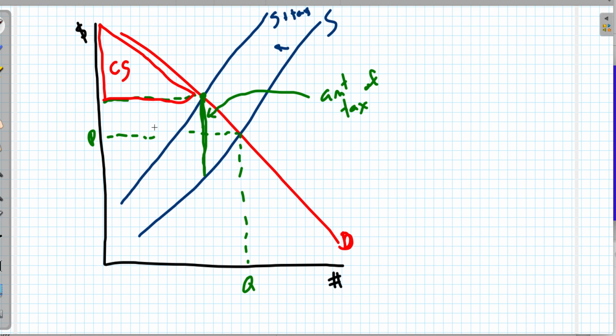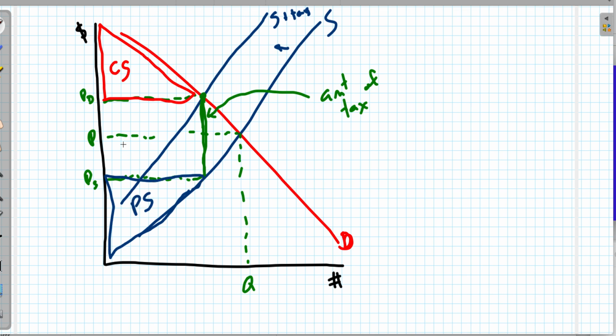Oh, wait, I got to go green. They're only going to get this much. So this is going to be the price for the supplier. This over here is going to be the price for the demander, the buyer. And this producer surplus is now just this triangle underneath.